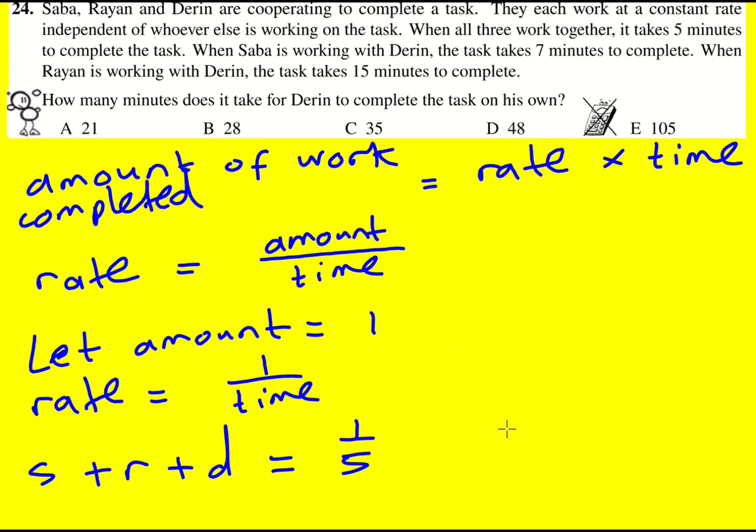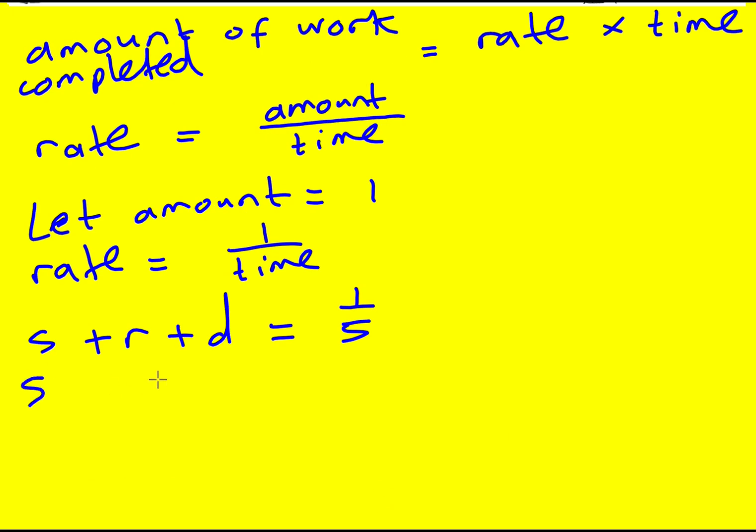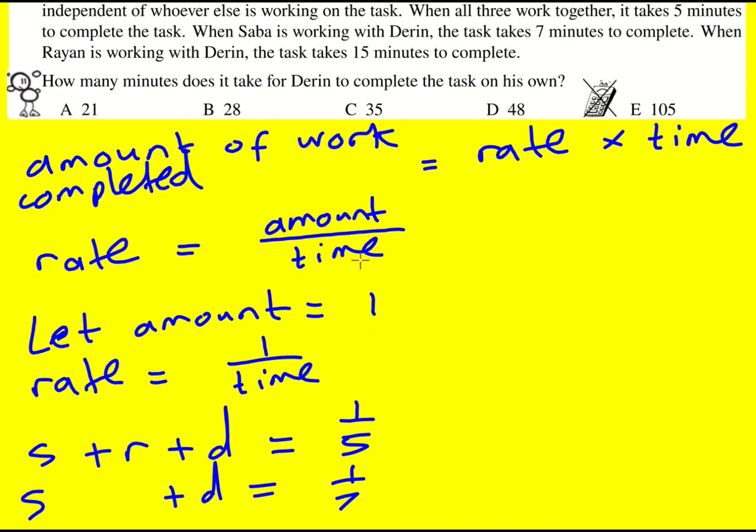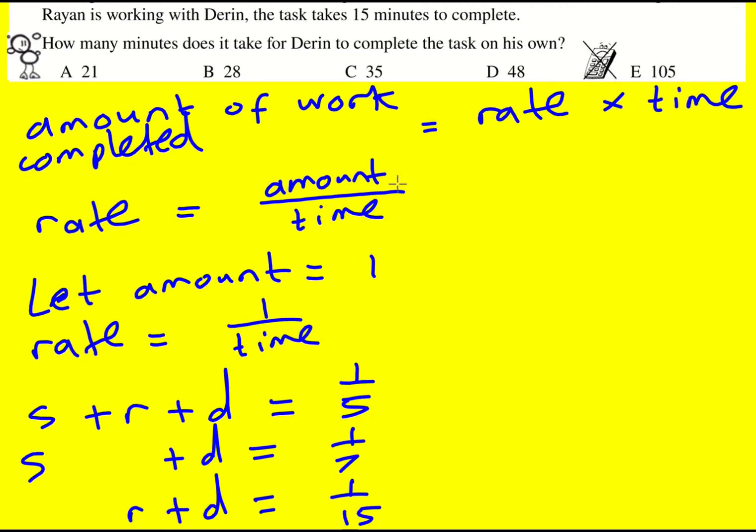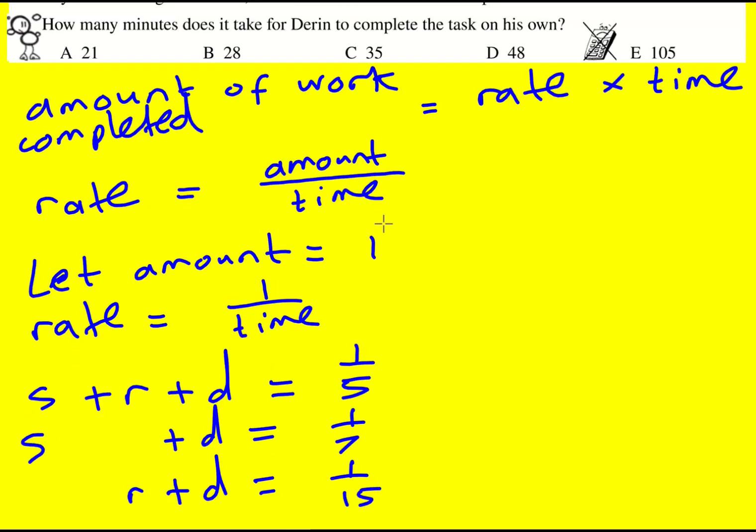When Saba works with Darren, it takes 7 minutes, so S plus D is 1 over 7. And then Ryan and Darren, 15 minutes, so 1 over 15. We want to know how many minutes it takes for Darren to complete the task on his own.